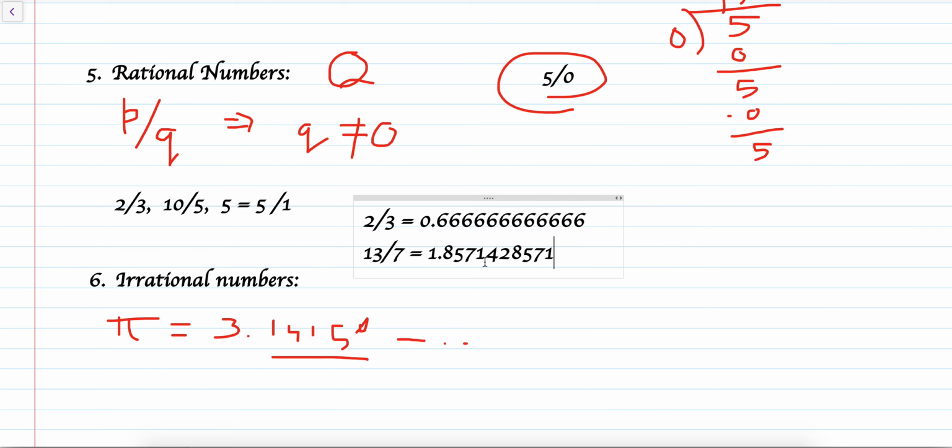Let me separate it so that you see the repeating pattern. We will write it as 1.85714 and then a bar over it, so this part is repeating again and again.